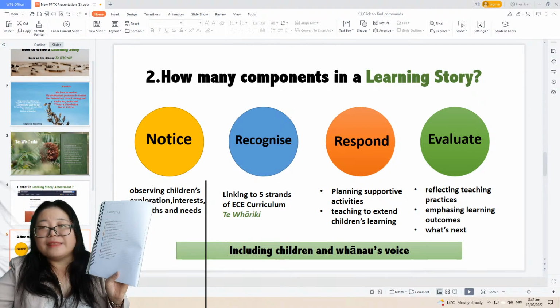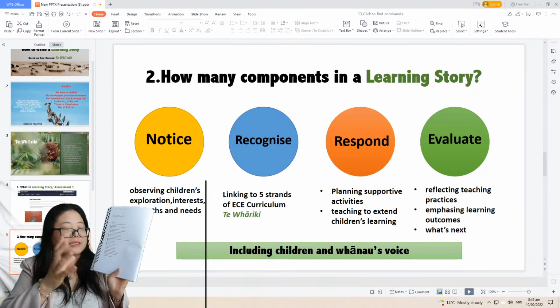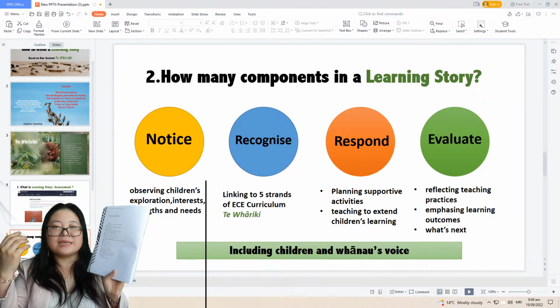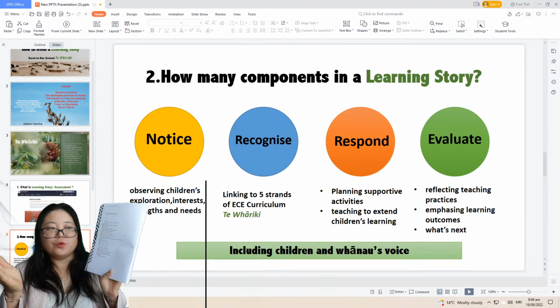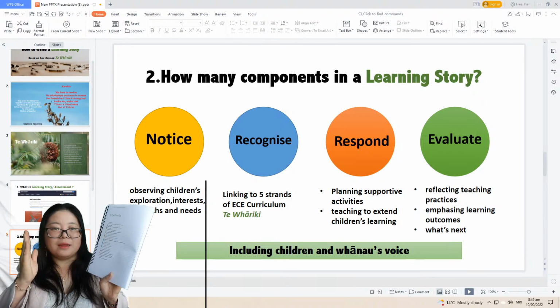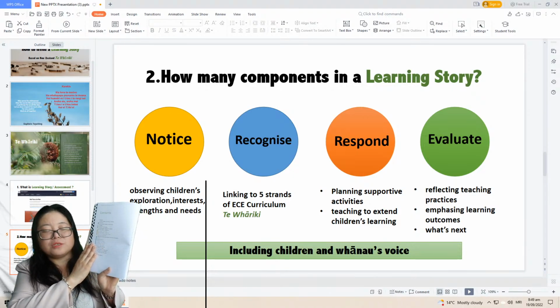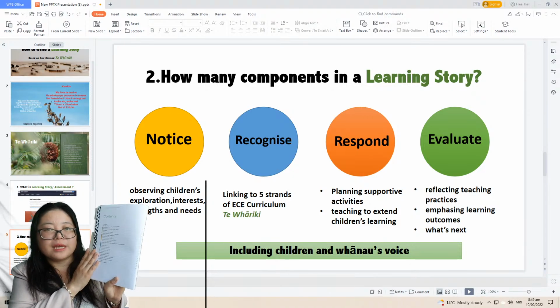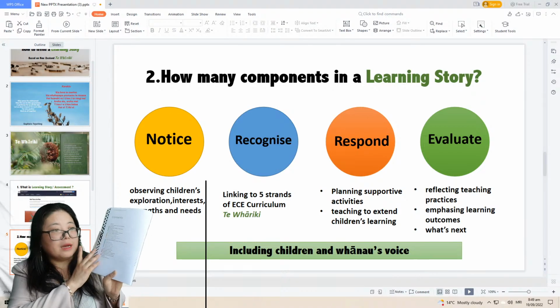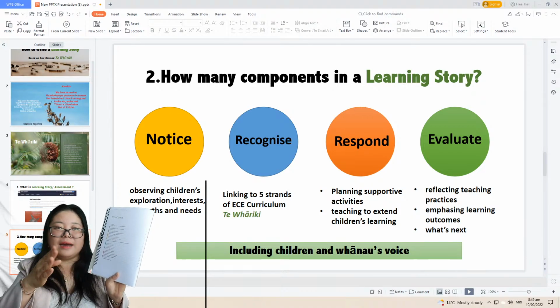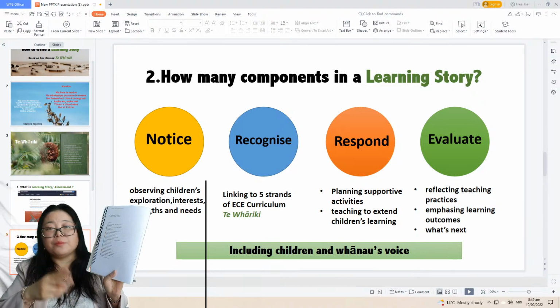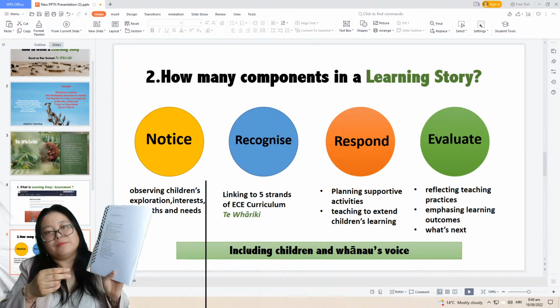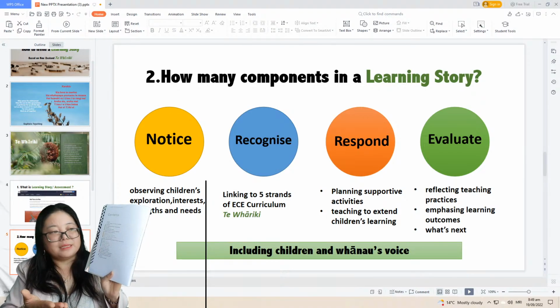And next, when you recognize that, oh, that's his strength, or that's the learning I can link, then you set up a teaching goal, tracing back to the teaching goals, like I need to support his hand-eye coordination, or I need to promote his fine motor development.